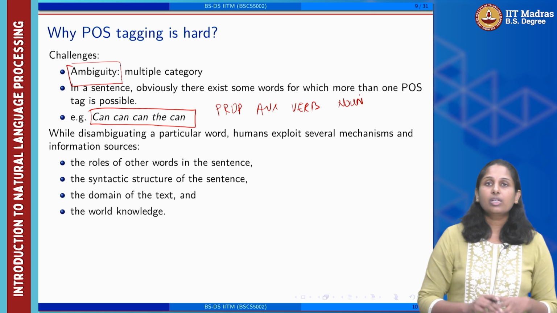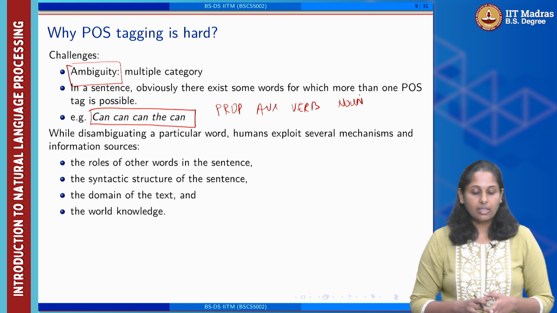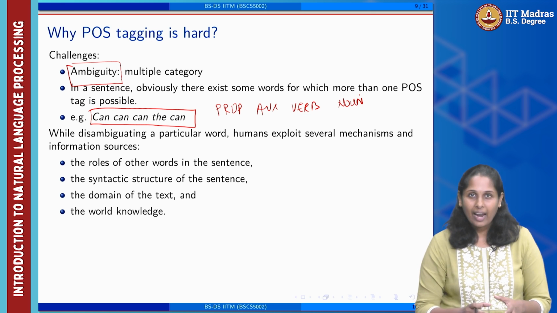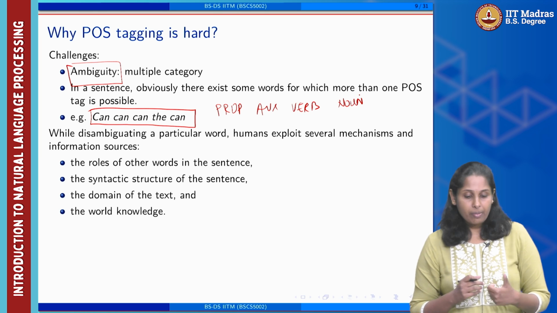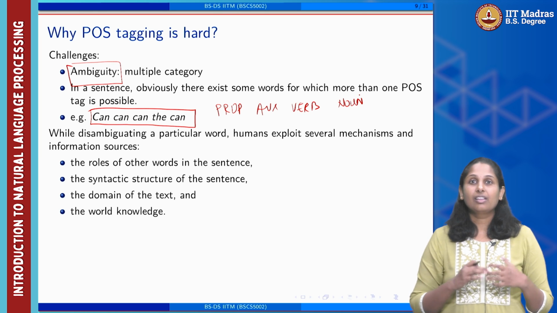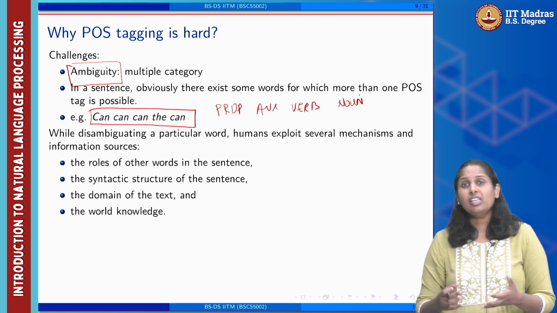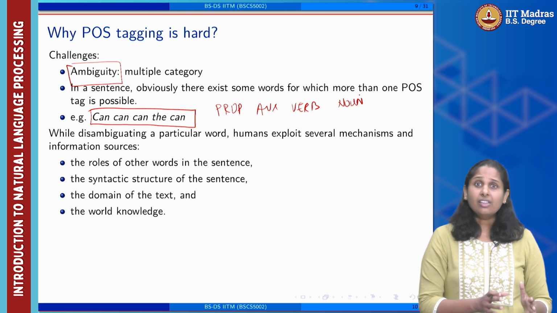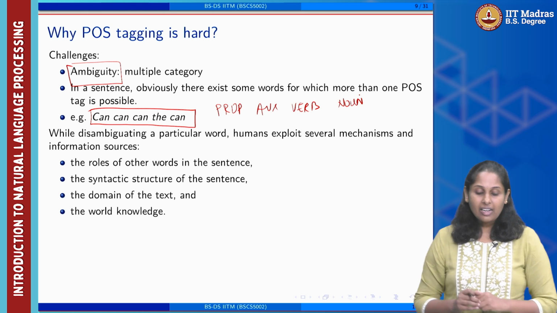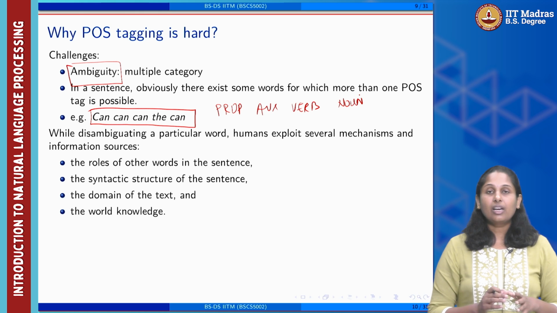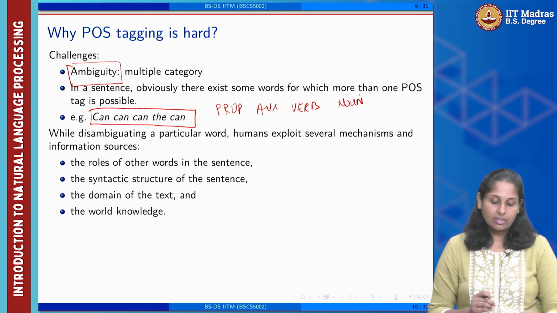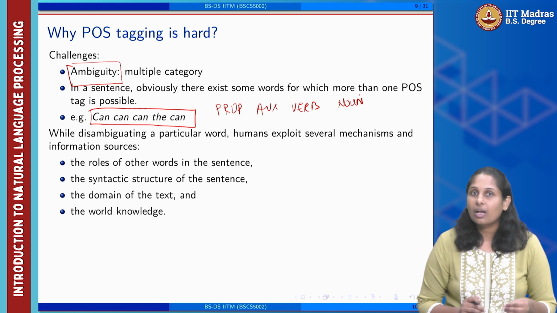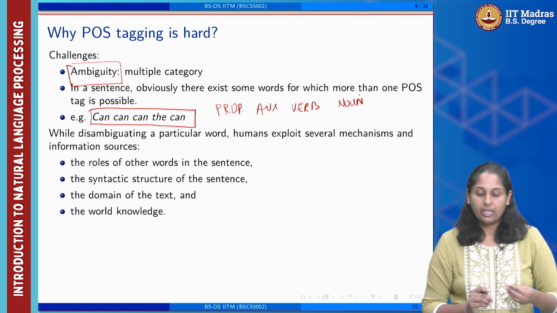So it gives you the understanding that there is a person called Can, he can, that means he is capable of canning, the action of canning, the can. So can the can. This understanding comes because we are associating a category to each word in the sentence. So this sentence is now disambiguated because the category has been identified.